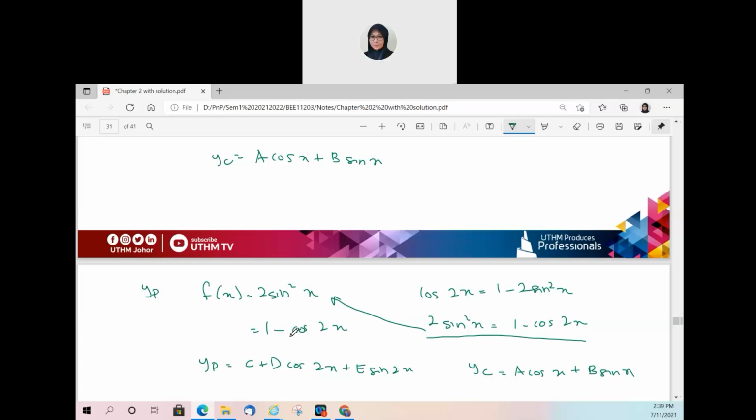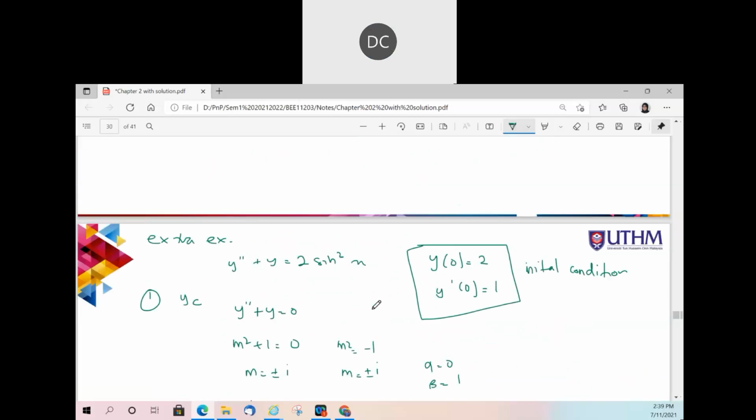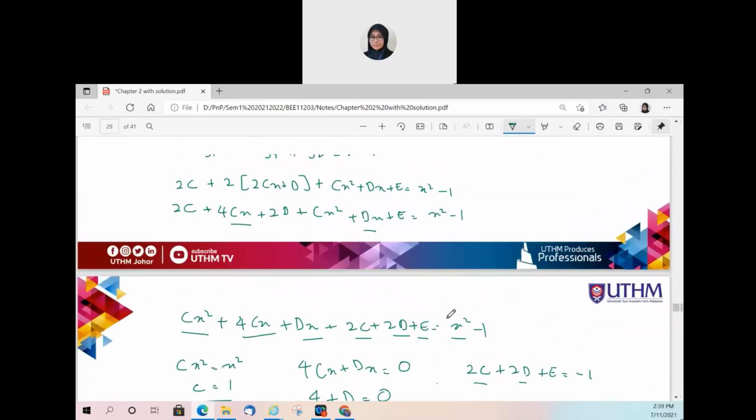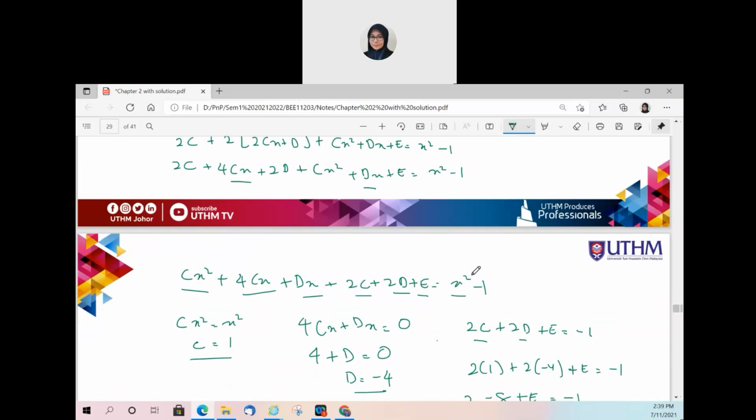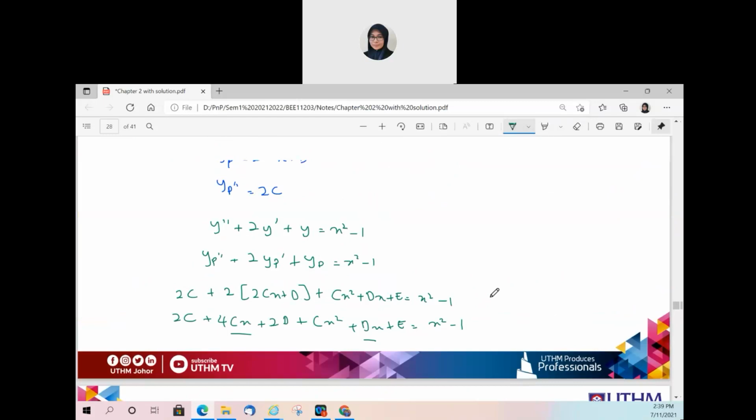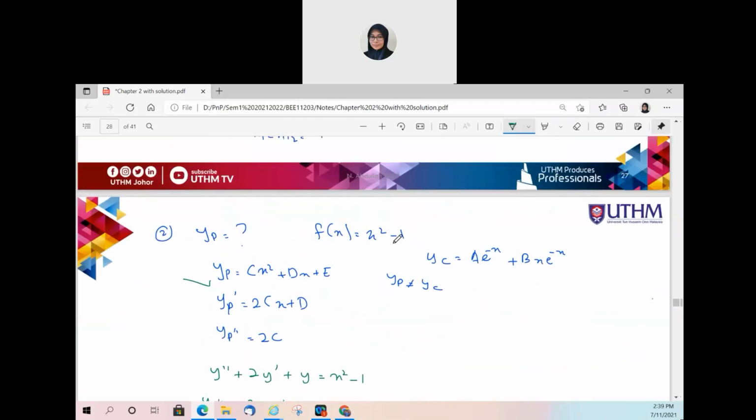Kita tengok dekat cos, dengan sini saja 2x. Oh, okay. Sebab kalau you tengok sini, you tengok example yang this example kan you have x square minus 1. Kalau you tengok dekat sini x square minus 1, this one tak ada minus pun. Dia cuma tengok pattern saja. Here you have cx square plus dx plus e.